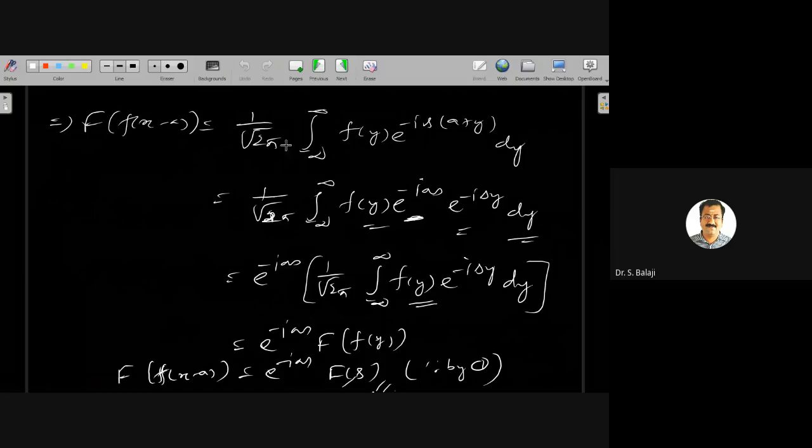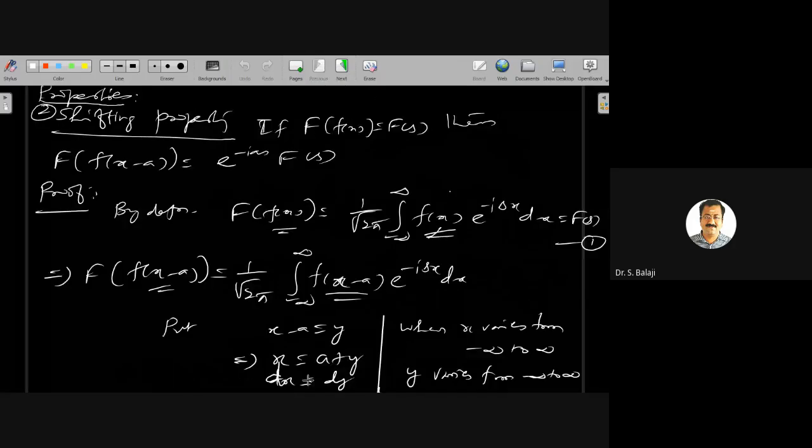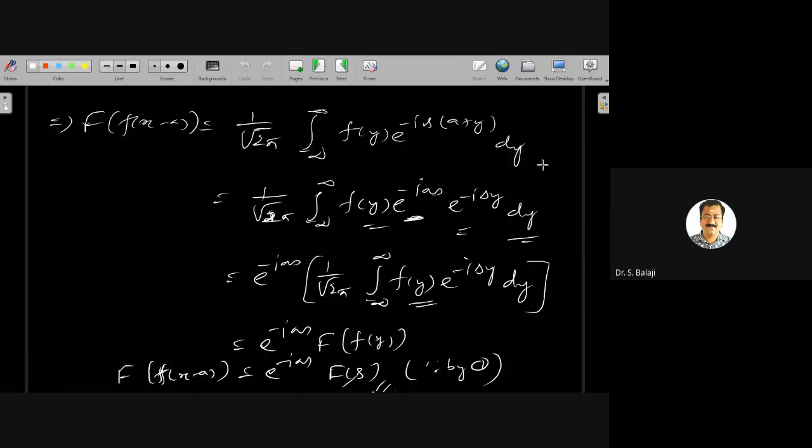Then the Fourier transform of f of x minus a is 1 by root of 2 pi, integral from minus infinity to infinity, f of y, e power minus ias, e power minus isy, dy.